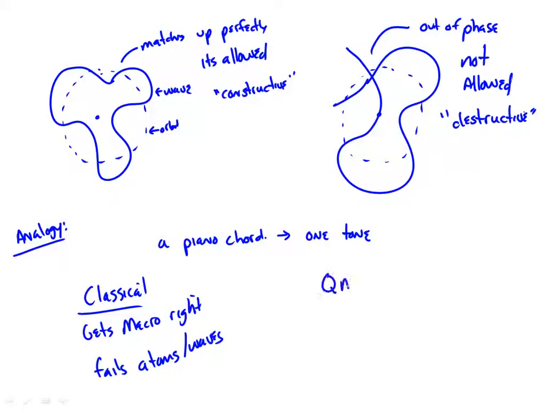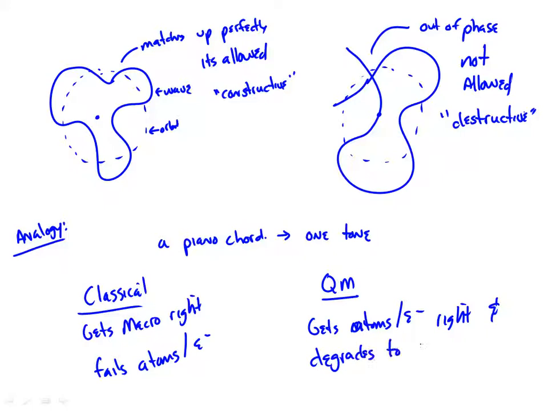We can say that quantum mechanics gets the microscopic, or the atoms and electrons, right. And it kind of degrades to the classical view for large objects.